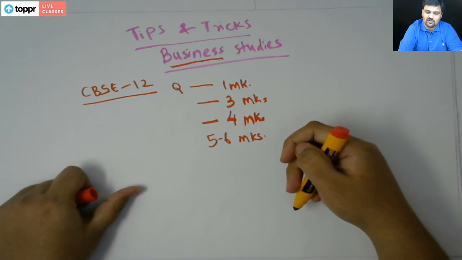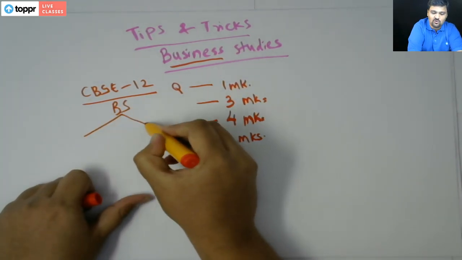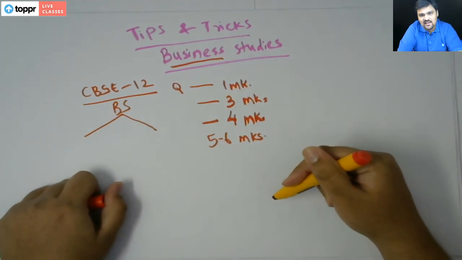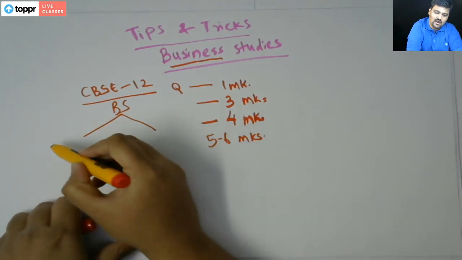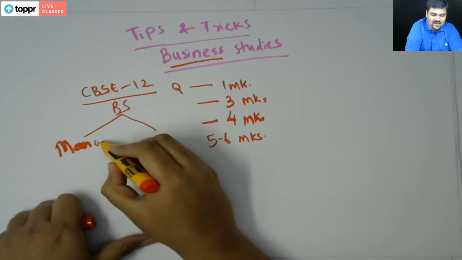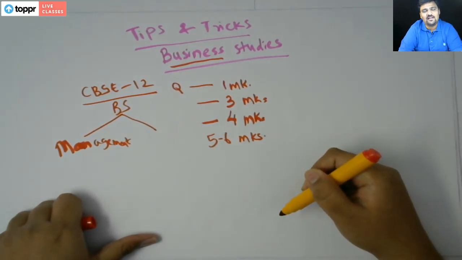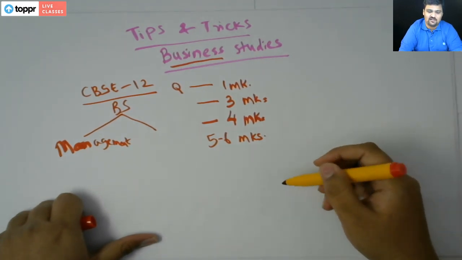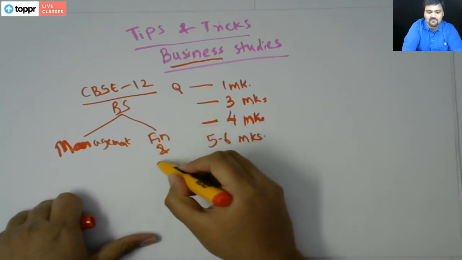In CBSE 12 business studies, your chapters are aligned in 2 different parts: one part which concentrates on an important aspect called management, and the second part which concentrates on finance and marketing.